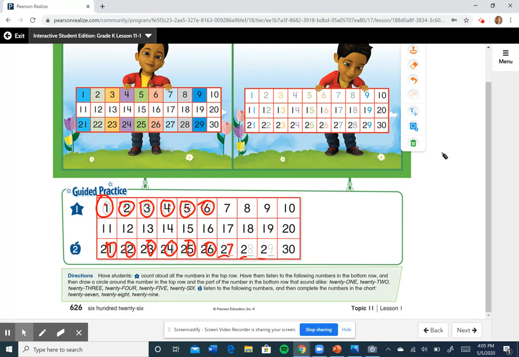Because 7 comes after 6. What comes after 7? 8. Just like if we were counting by ones, 1, 2, 3, 4, 5, 6, 7, 8, 9. 8 comes after 7, so it's 28. And then 29. 29 is going to be a 2 for 20, and then 9. 29. So then you're going to write a 9.